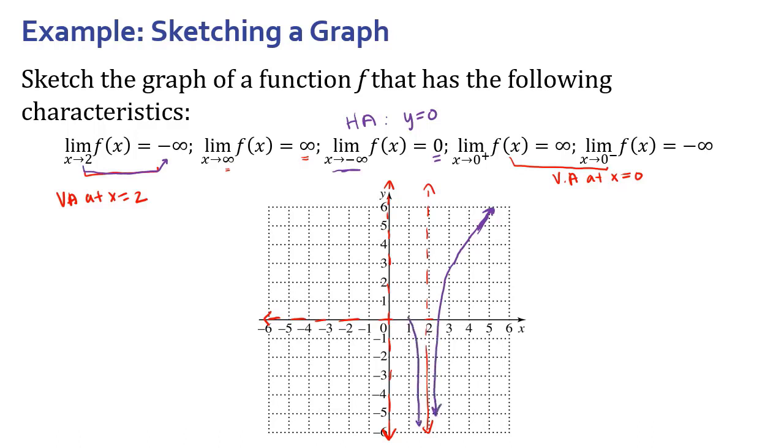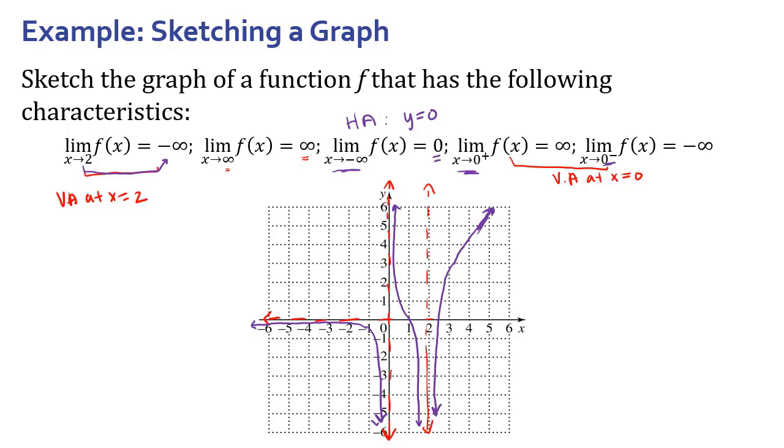And let's see what happens after this. On the right-hand side, as x is approaching 0, we're approaching positive infinity. And on the left-hand side, as x is approaching 0, we're approaching negative infinity. And then again over here, I've got that horizontal asymptote as x is bigger and bigger, this function is getting closer to 0. So that's just a sketch of a function that has these characteristics.